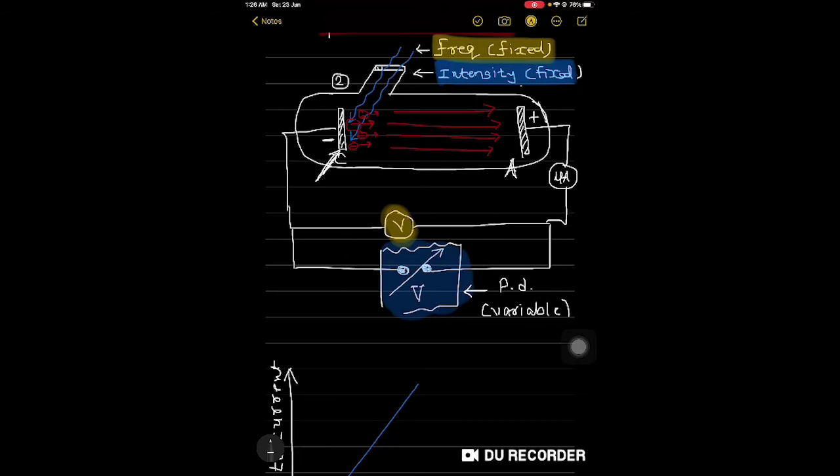When the polarity is reversed, the electrons are repelled and only the most energetic electrons are able to reach the collector plate A. The photocurrent is found to decrease rapidly until it drops to zero at a certain sharply defined critical value of negative potential V0 on the plate A.